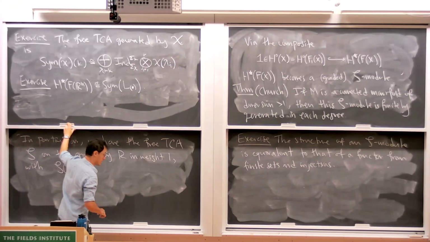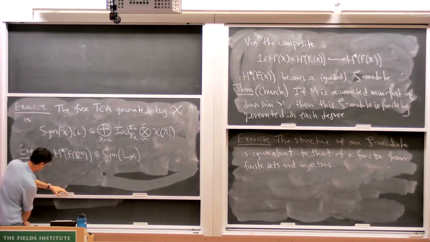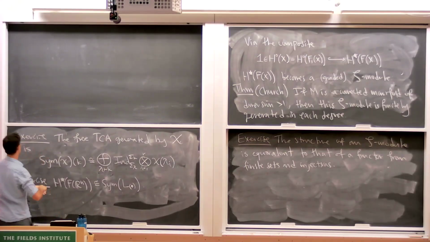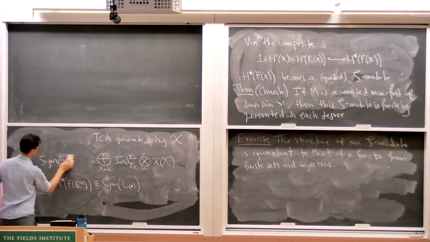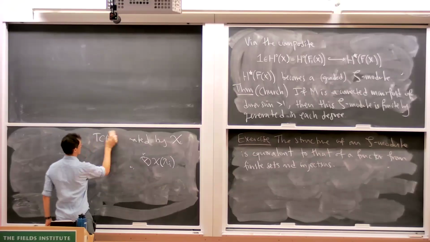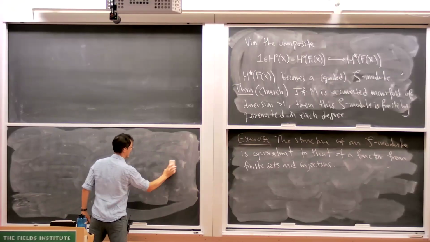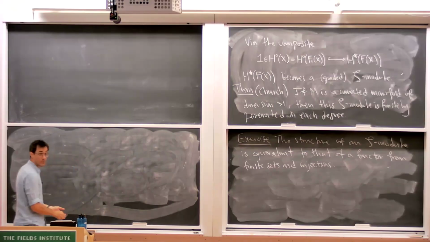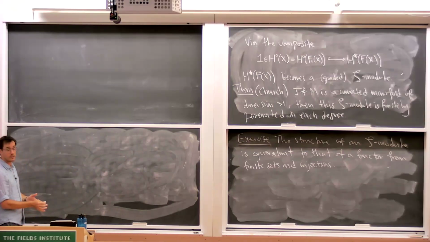The second way that we know that an S module is finitely generated is the same way that we know that modules over polynomial rings are often finitely generated, which is using Noetherianity. So this is definitely not an exercise. This is a real theorem.